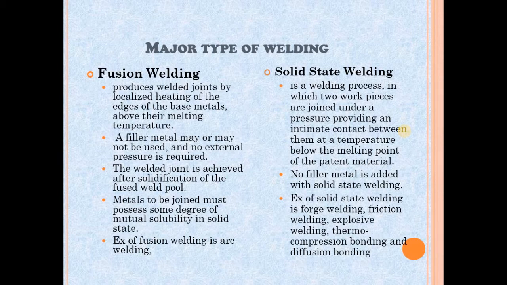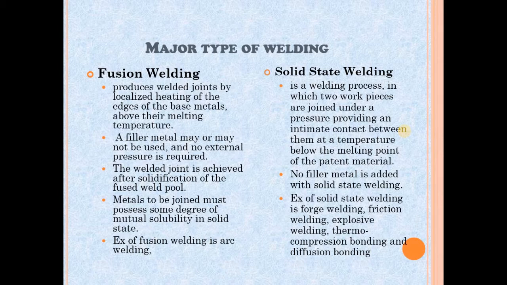The welded joint is achieved after solidification of the fused weld pool, and also the metals to be joined must possess some degree of mutual solubility in solid state. An example of fusion welding is arc welding.